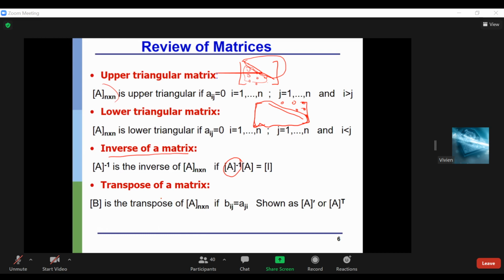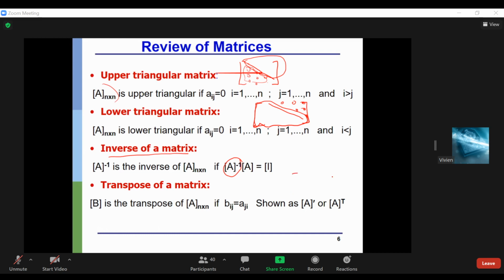And we also have the term transpose of a matrix. Say here we have matrix B, it is the transpose of matrix A if Bij is equal to Aji, shown as A transpose. I think we have learned about this before.